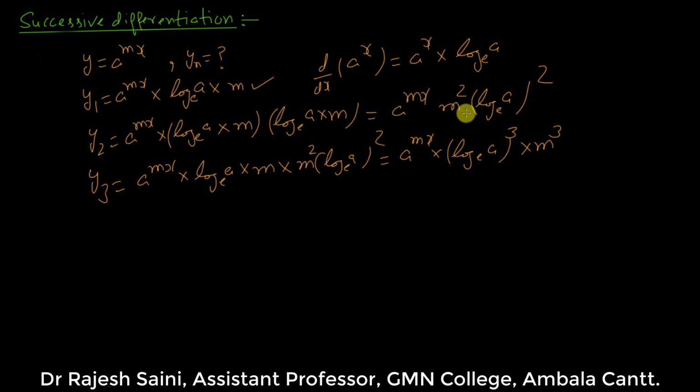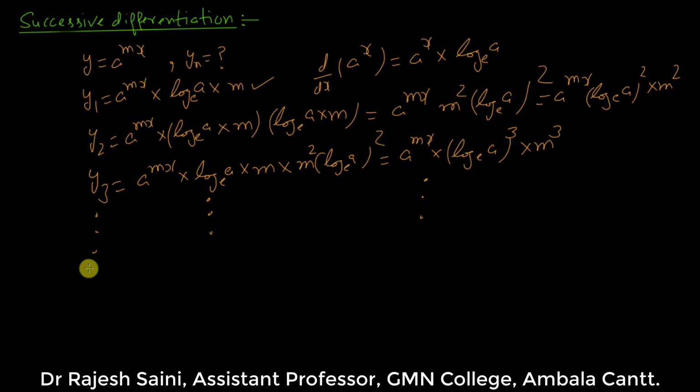So now we'll generalize it. We'll also write it in the same form, because here m square is in the middle and here it is at the end. So I am going to write it as log a square into m square. Now we will generalize and we'll see what we get after generalization.